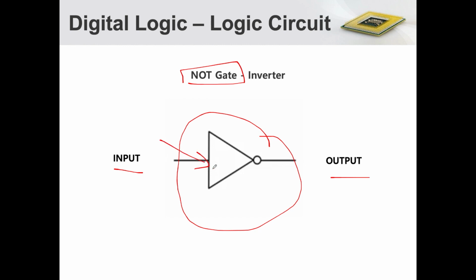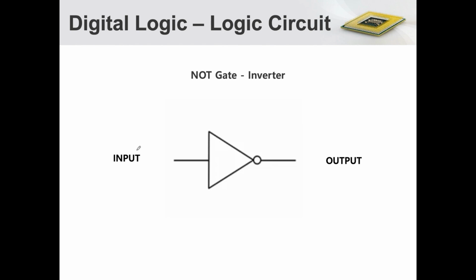This is the input side, and this one is the output side, and this is the symbol. So let's take a look at what happens to the input given. Let's say you have 1 as the input over here, then the output is going to be a 0. And let's say you have a different input, which is 0, your output will become 1.